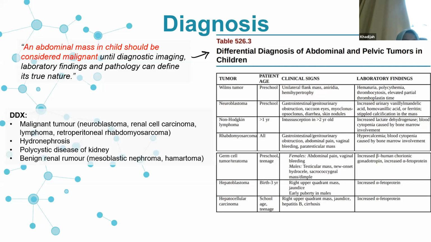There are a lot of differential diagnoses in regard to malignancy in abdominal and pelvic tumors, like in the diagram on the right side: Wilms tumor, neuroblastoma, non-Hodgkin lymphoma, and others. Other differential diagnoses we should consider are hydronephrosis, polycystic kidney disease, and benign renal tumor.